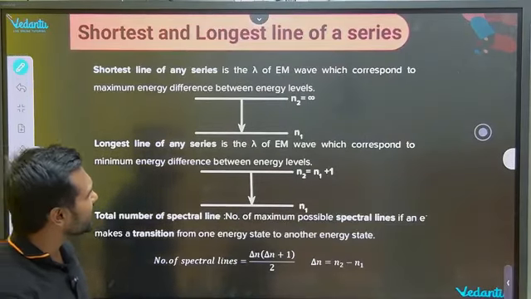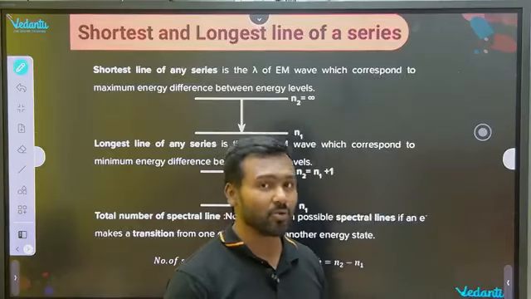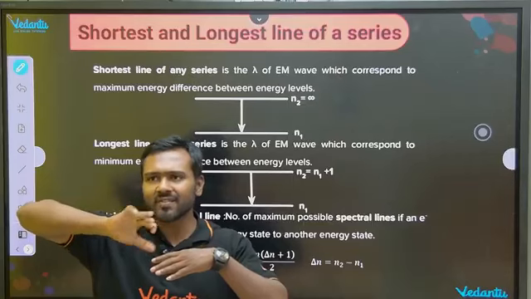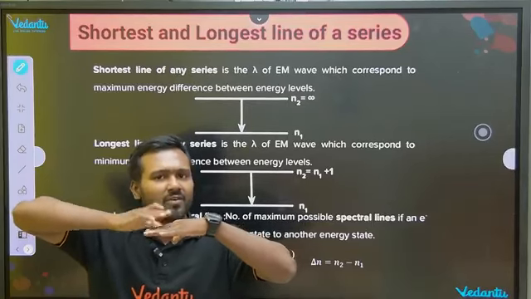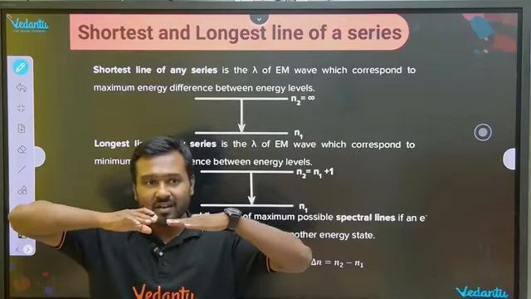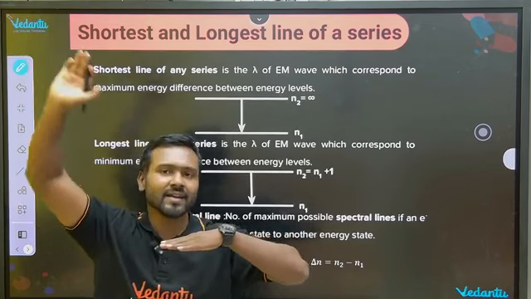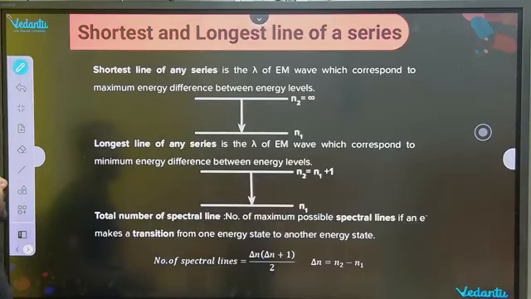If the wavelength is short, that means energy is more. For any series, take N1 equal to 1 for Lyman, N1 equal to 2 for Balmer, N1 equal to 3 for Paschen. From the first level of its series to infinity, that line has the shortest wavelength and maximum energy.